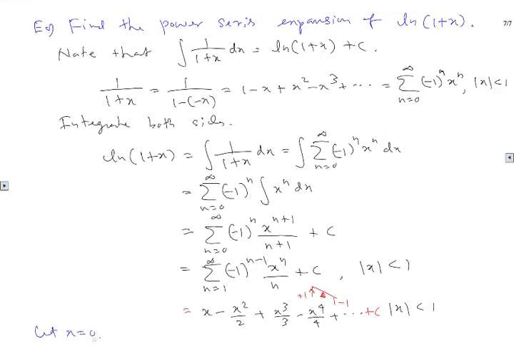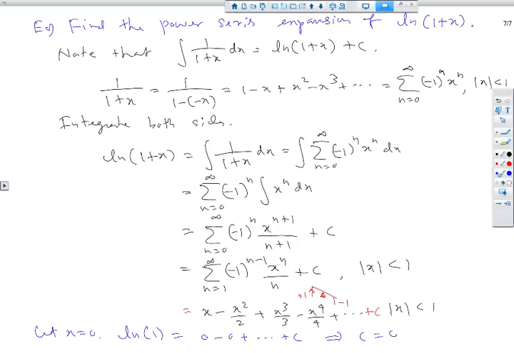You need to plug in something in the interval. If you plug in x equals 0, you get ln 1 equals, all those terms are 0, plus c. Since ln 1 equals 0, this says that c equals 0.